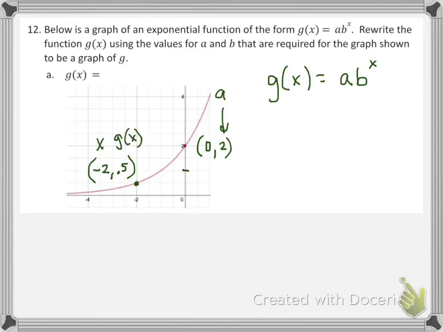Okay, so now I can plug in what I know. My g(x) value is a 0.5. My a is a 2. I don't know the b, but my x value is a -2. So I have 0.5 equals 2 times b to the -2.